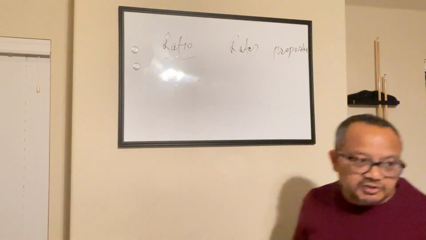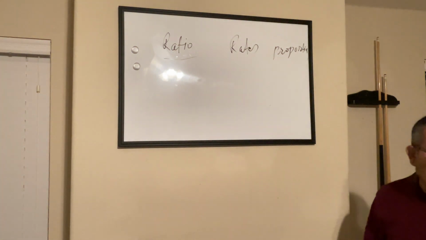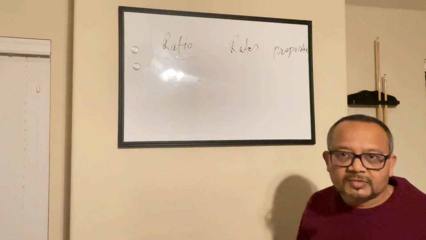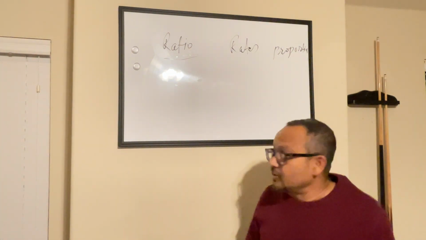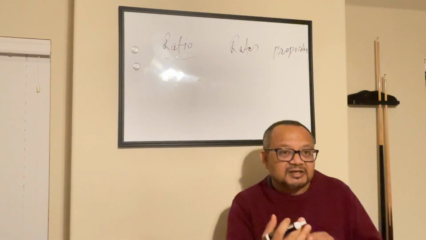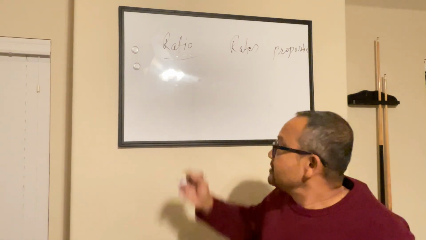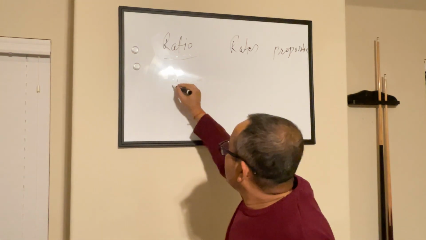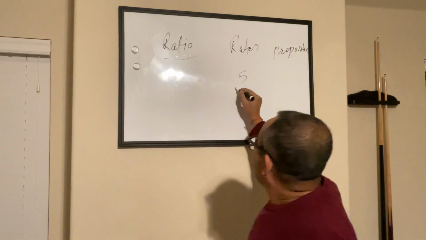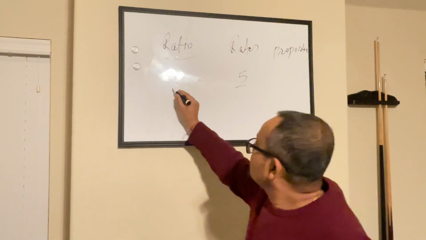When you talk about ratio and when you talk about proportion, what is the difference? Okay. So ratio is more of a way to compare quantities. So let's say you're comparing 3 with 5.